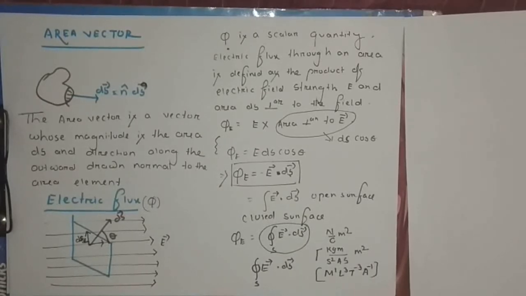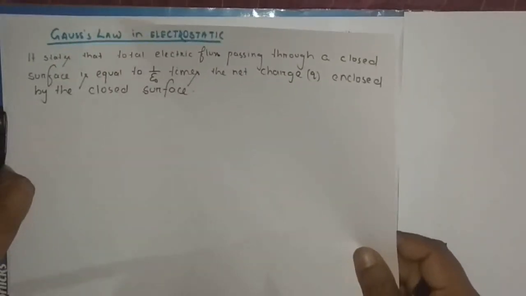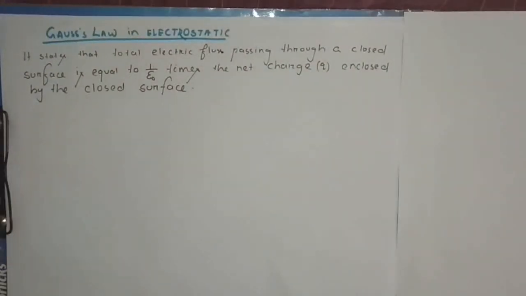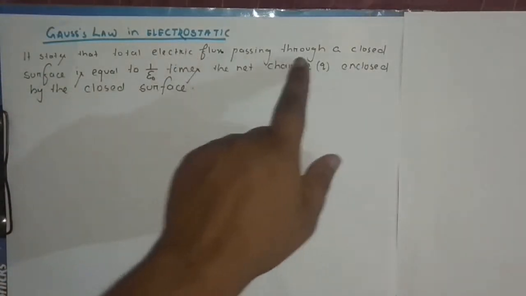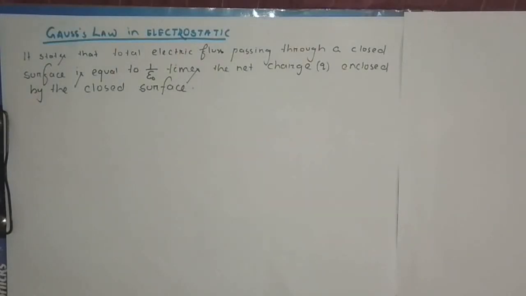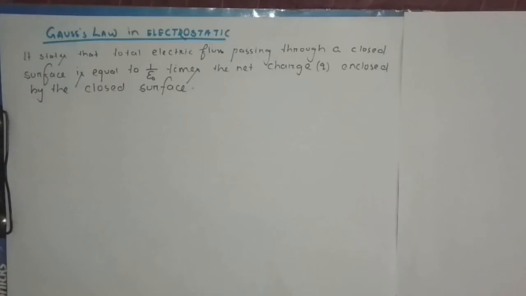Now the question is, what is Gauss law? It states that the total electric flux passing through a closed surface is equal to 1 by epsilon naught times the net charge enclosed by the closed surface.